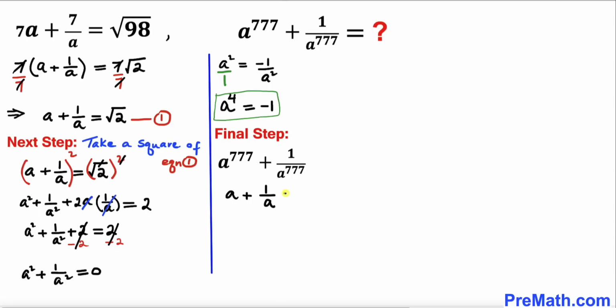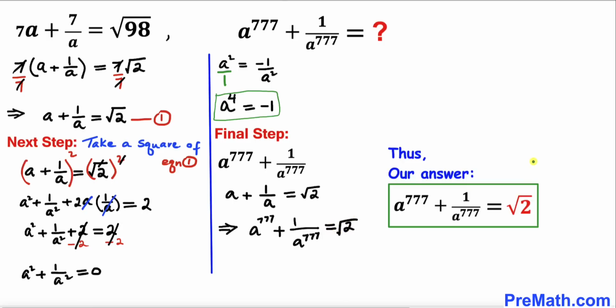Thus we conclude that a to the power 777 plus 1 divided by a to the power 777 equals the square root of 2. So our simplified answer turns out to be the square root of 2.